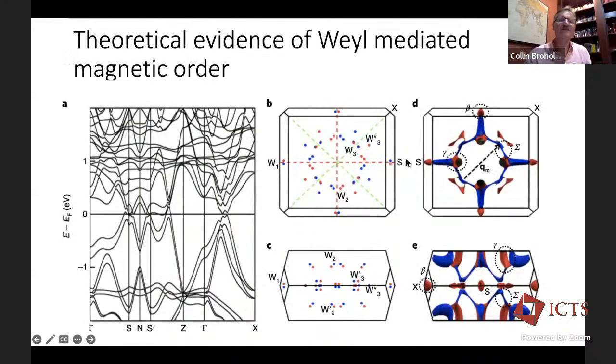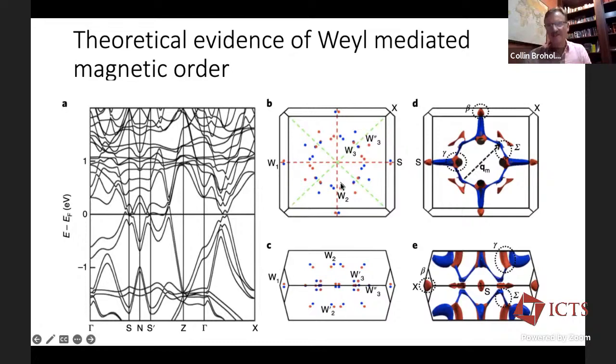But let's now look at the DFT calculation of these effects, and of course it's a fairly short talk, so I probably can't go through it in as much care as I should. But here's the electronic band structure calculated by David Vanderbilt and his collaborators, and from it they were able to extract the Weyl points that are associated with the paramagnetic phase.